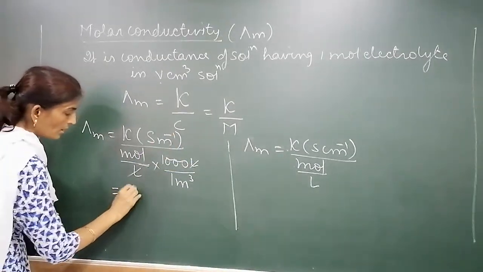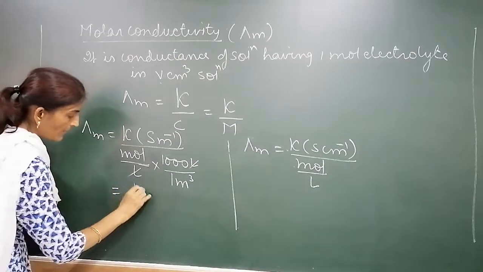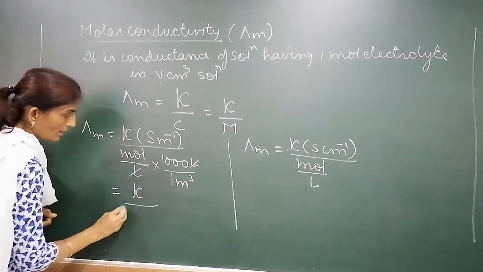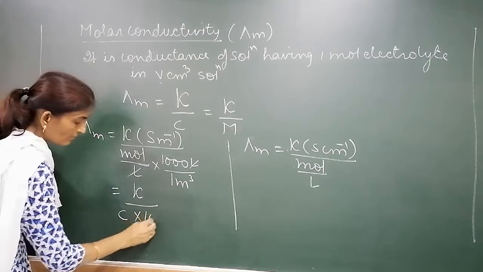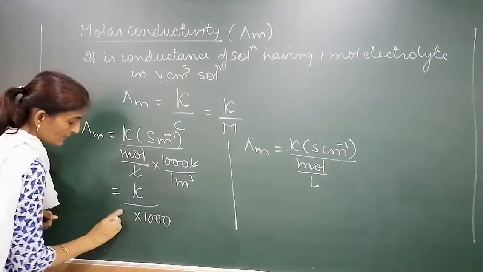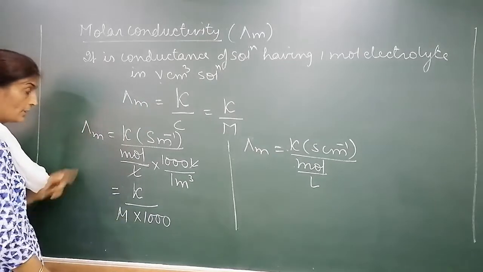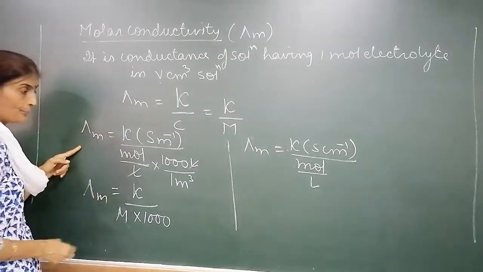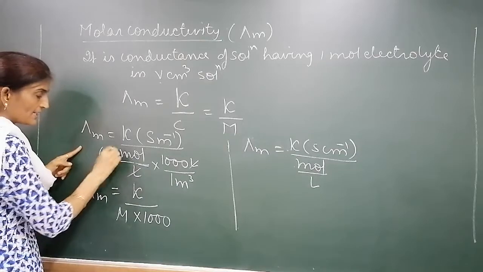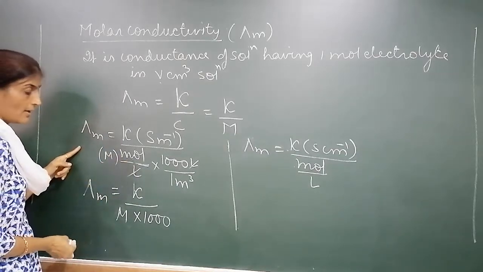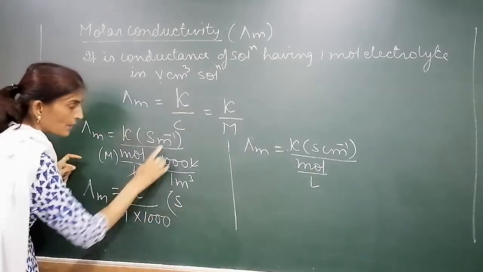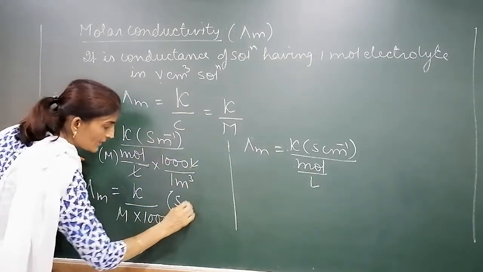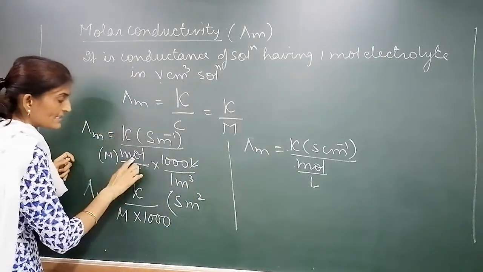So formula becomes K upon concentration into 1000. Molarity into 1000. This is the formula we will use for calculating lambda m. This is molarity, we had placed just its unit. Unit will become Siemens meter inverse, now meter cube goes up, meter square, and this is mole.